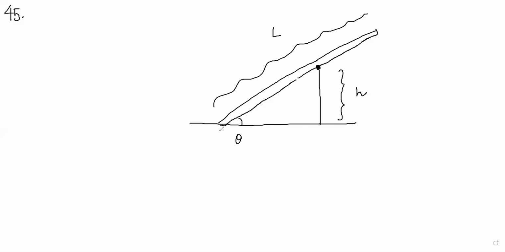The friction coefficient between the ground and the lower end is mu, so that the minimum angle of the rod with the horizontal is theta. Minimum is theta means you cannot go lower than theta. Basically, if it is lower than theta, it will slide. So right now it is in equilibrium like this.